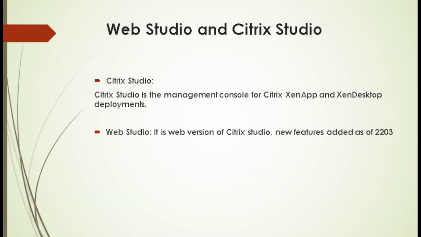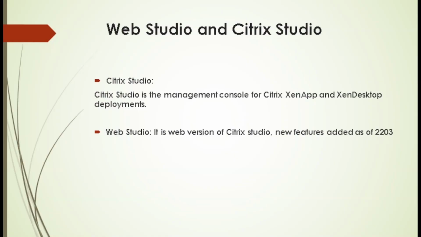You just need to install it on one server, and after that you can access that studio from any other computer, like we do for the Director. We install it on one server and we can access that from any internal server through a URL. In the same way, we can access Web Studio through its URL.